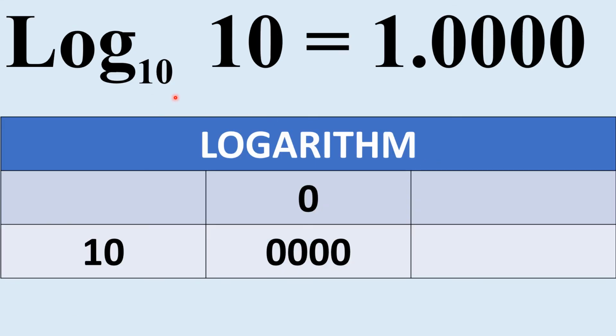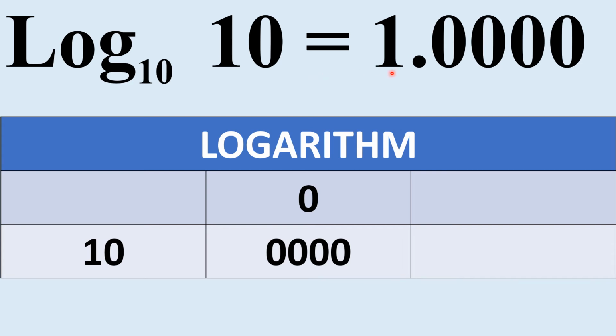Value of log 10 is 1. This we have discussed earlier also. You can find out the value of log 10 through the book also. Here, before the decimal, in 10, 2 digits are there. From that 2 you subtract 1.